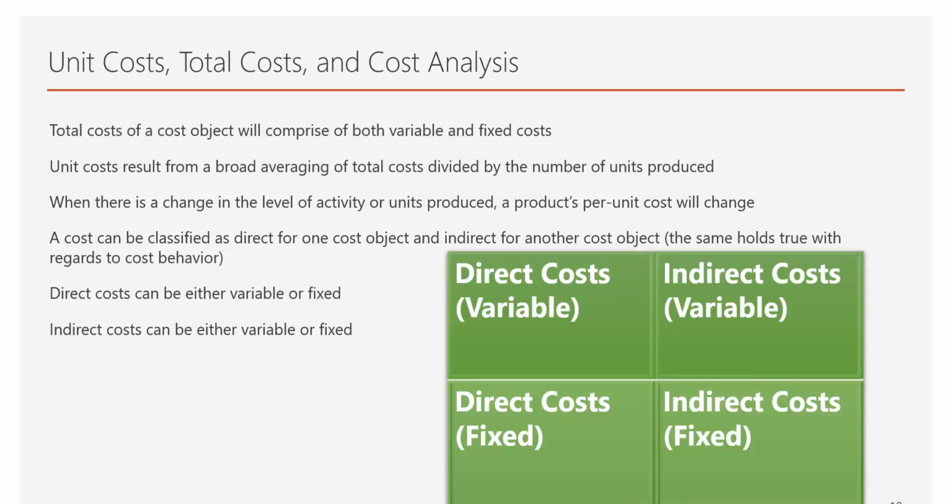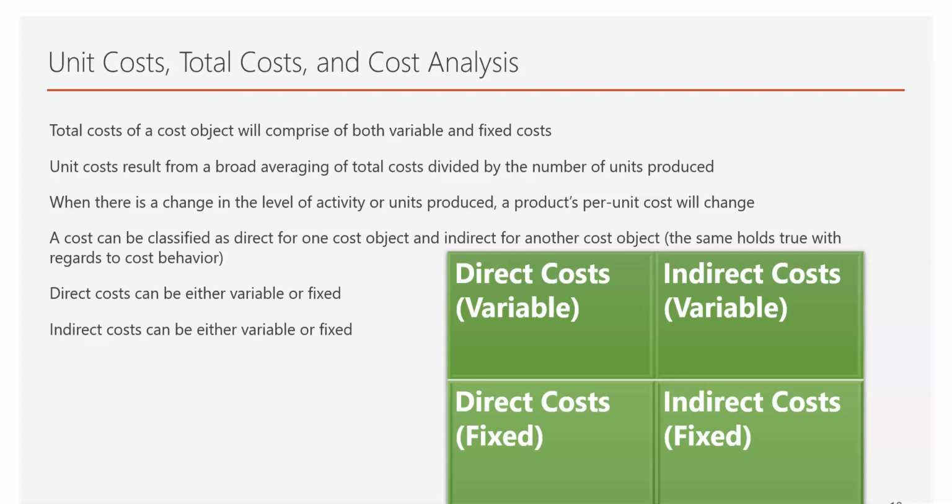So we've got a little illustration here, a little table. We can have direct costs that are variable, direct costs that are fixed, indirect costs that are variable, and indirect costs that are fixed. So we can see any type of combination. So what does this mean in our decision-making process? Well, the decision-making process is going to be based on the type of decision that we have to make.